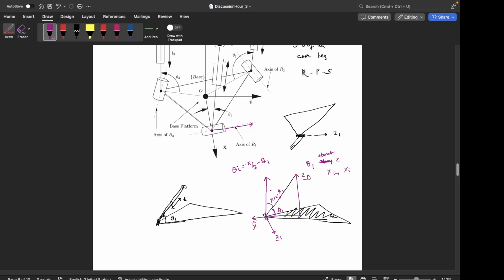So the first x is here and the other x would be, if I take this angle, then this rotation would be pi by 2 minus theta 1. So this is x and this is my first x basically.